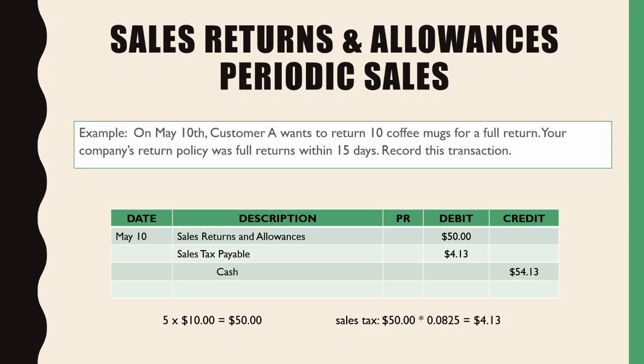Then you're going to have to figure out how much sales tax is off of the $50, right? Not the quantity. $50. Therefore, it's going to be multiplied by 8.25%, which is going to give you $4.13. So you always round up for tax because it's going to give you 4.125. So you're going to round up for tax always.